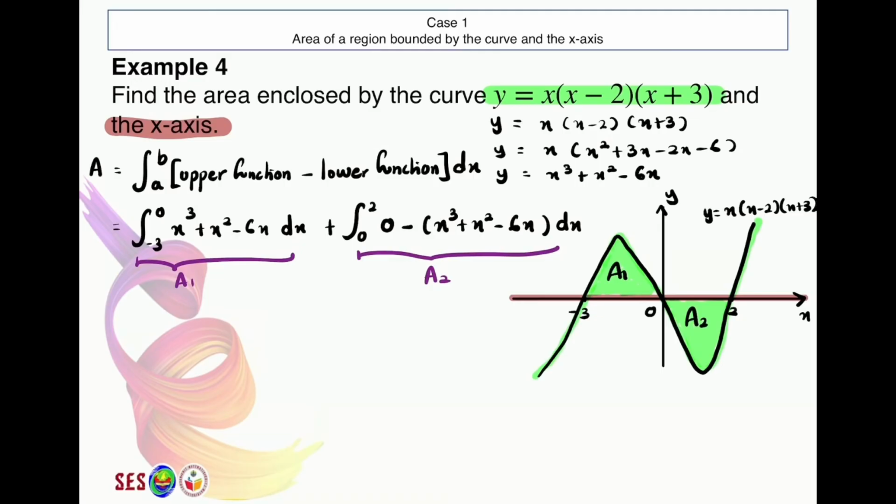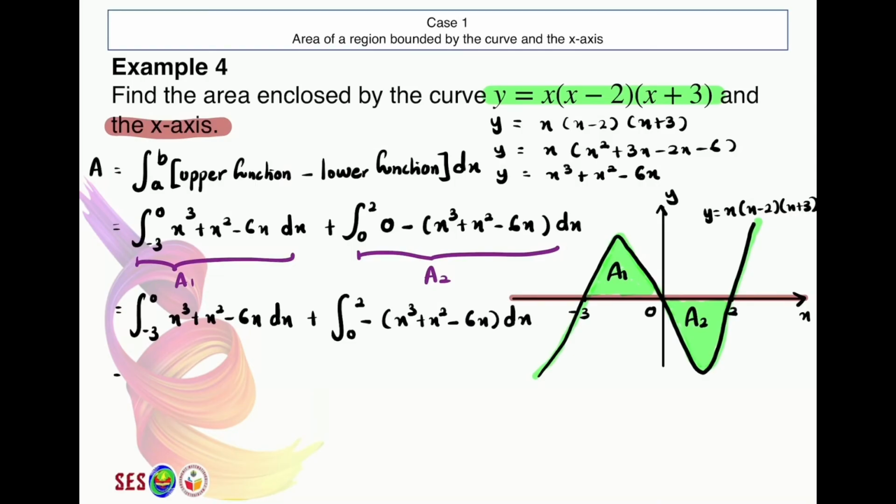If we were to rewrite, we'll get the integral from -3 to 0 of x cubed plus x squared minus 6x dx, plus the integral from 0 to 2 of minus x cubed plus x squared minus 6x dx.